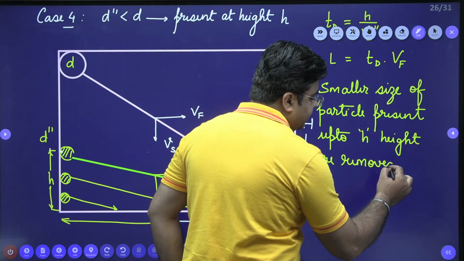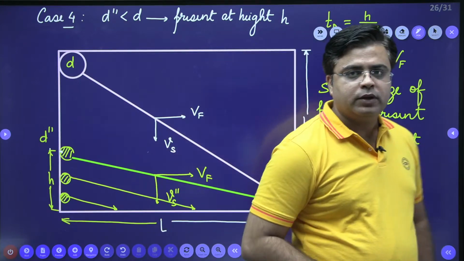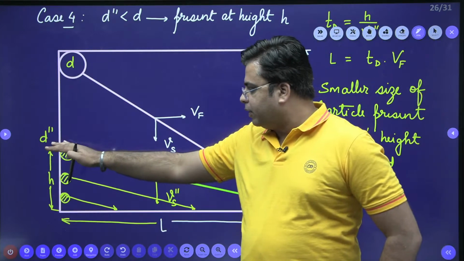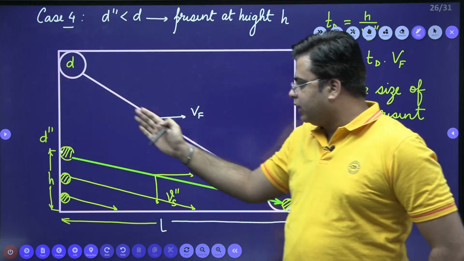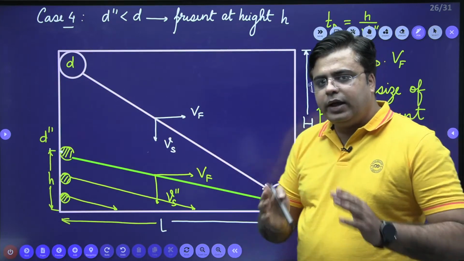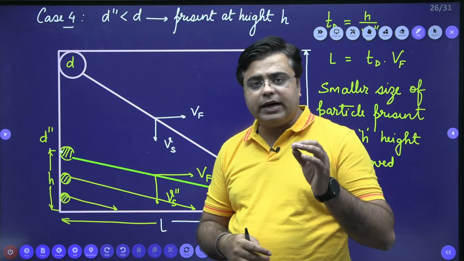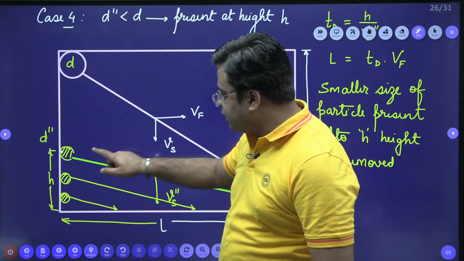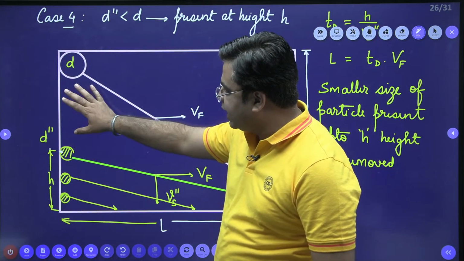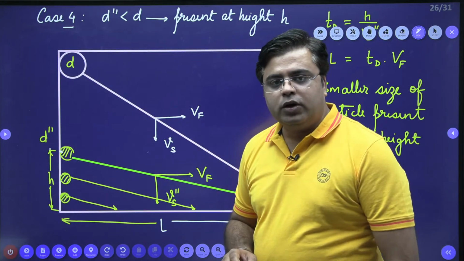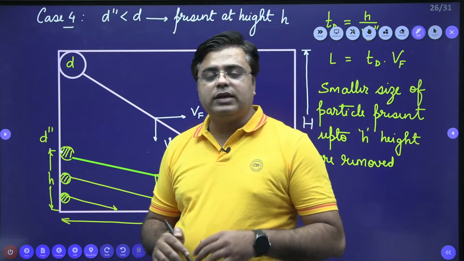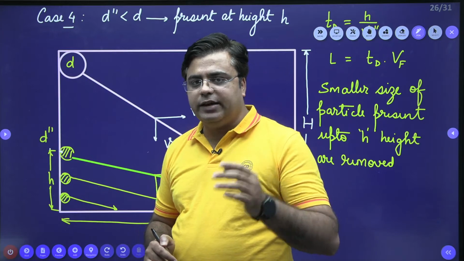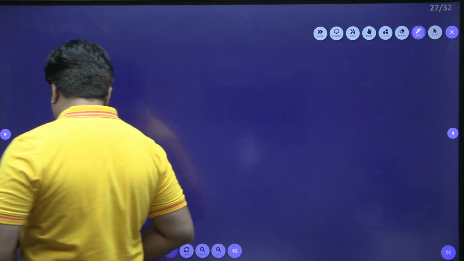And if the same smaller size of particles are present above this height, they will not reach the bottom of the settling zone in the available time Td, and that's why we say that these particles of smaller size above this height will not be removed. So smaller size of particles are said to be partially removed. So we'll write this.